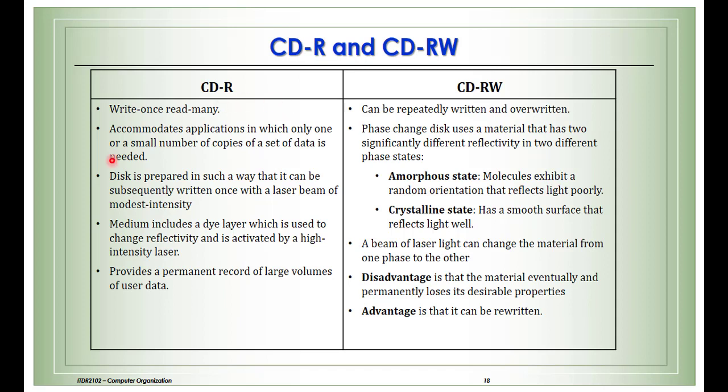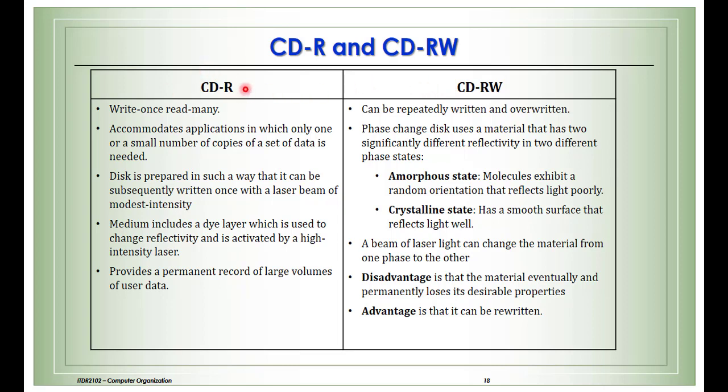Here's again the difference between the CD-R and the CD-RW. The main difference is that the CD-R is recordable only, so we can write once only, and the CD-RW is repeatable, so we can read and write, we can delete, we can erase the content and write new data again.